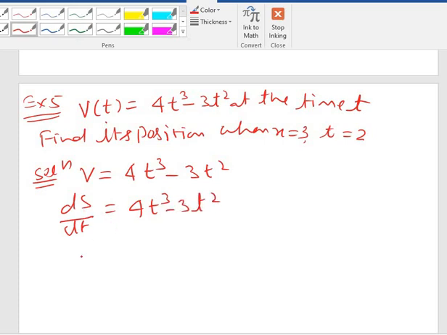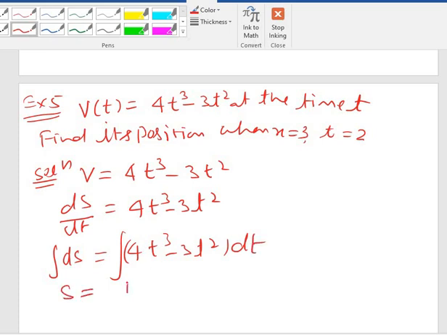So what you have to do is integrate both sides, with respect to s and with respect to t, using the variable separable method. So the integration of ds is s, and the integration of the right side is 4t power 4 divided by 4 minus 3t power 3 by 3 plus an integration constant.